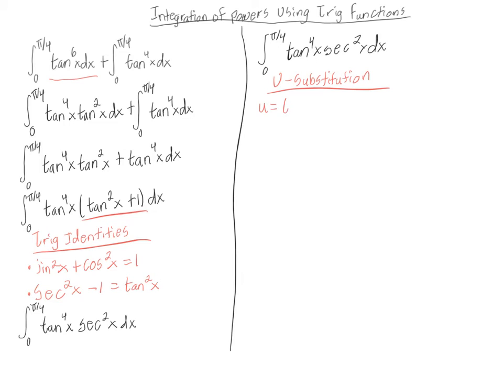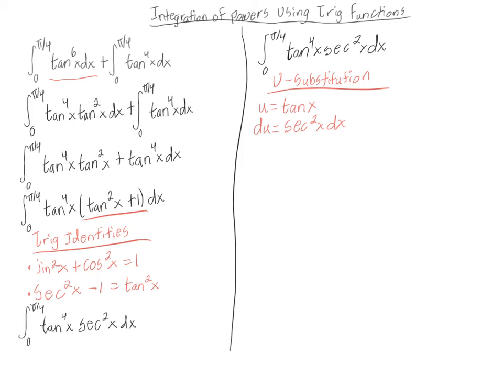The reason why we would choose u as tangent x is because the derivative of tangent x is secant squared x dx, and it's pretty easy because you can just substitute that into your u.